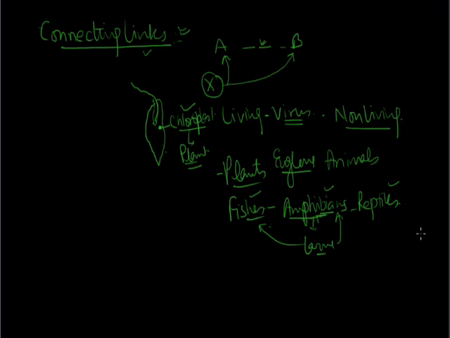Connecting links are distributed most widely in the animal kingdom. Similarly, another example of a connecting link is found in fishes itself. Freshwater fishes and marine fishes are two groups which have different anatomy. There is a special organ called the swim bladder which is present in freshwater fishes.